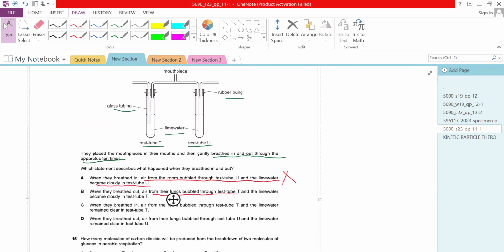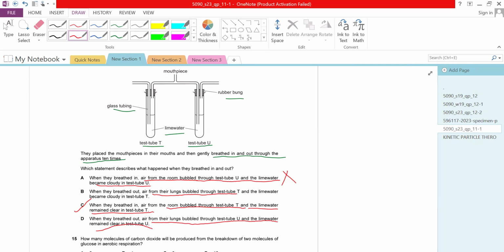No. Then option C, when they breathe in, the air from the room bubbles through the tube T and the lime water remains clear in tube T. So this option may be correct. Then let's read the last statement. When they breathe out, the air from their lungs bubbles through the test tube U and the lime water becomes clear in test tube U. No. So option C is correct.